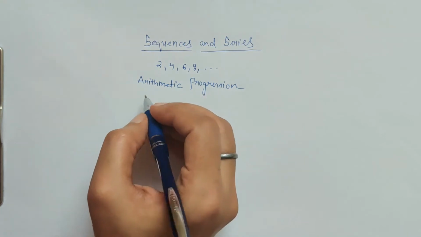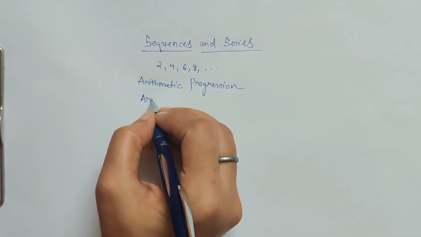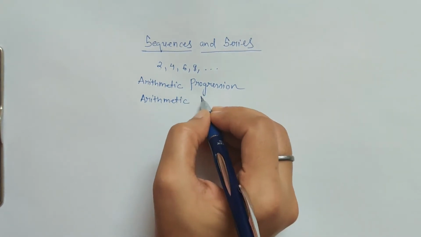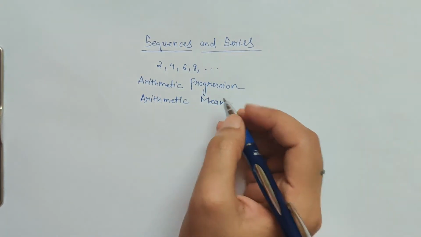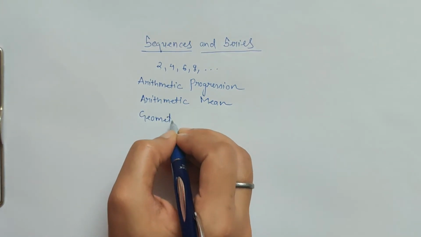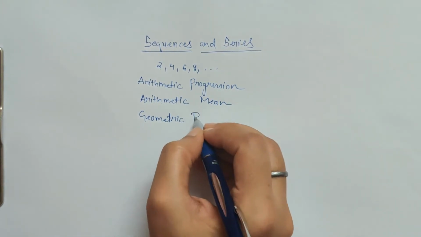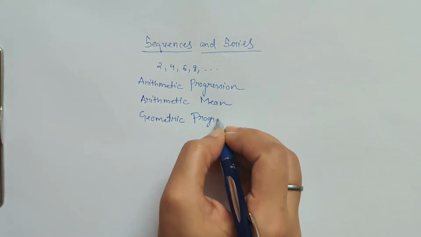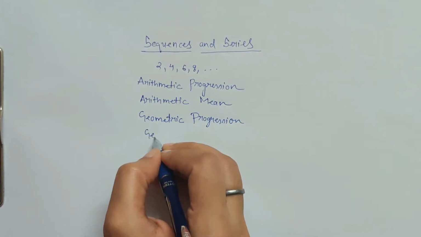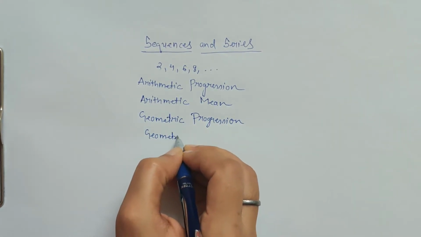Then we will also see what arithmetic mean is. We will also see what geometric progression is, and after this, we will see how to find the geometric mean.